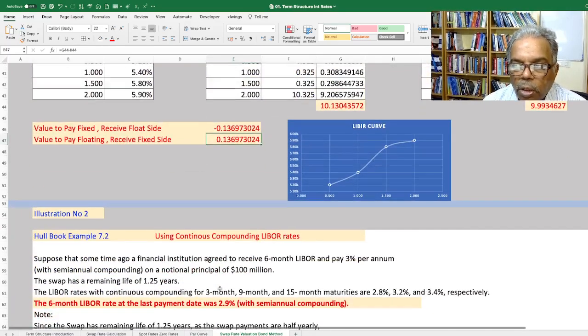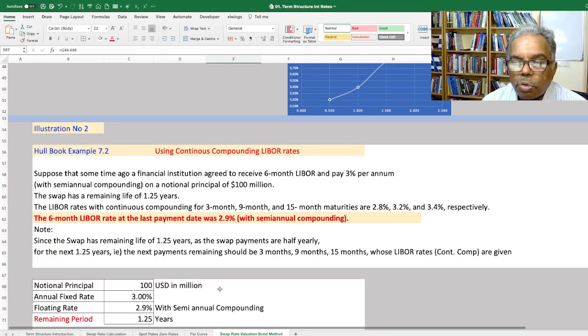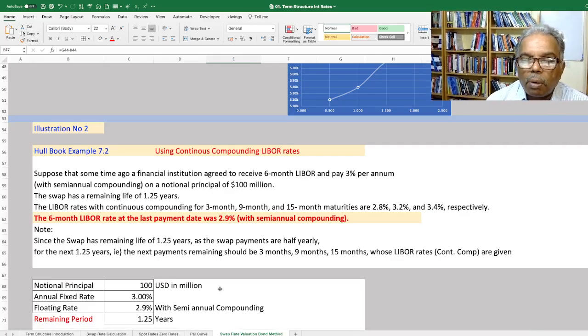Let's take one more illustration, using continuous compounding LIBOR rates. This example is given in the Hull book, chapter 7.2. Suppose some time ago a financial institution agreed to receive 6 months LIBOR and pay 3% per annum, semi-annual compounding, on a notional principal of 100 million.